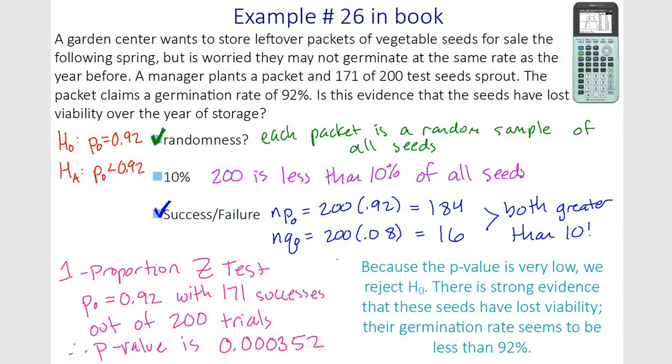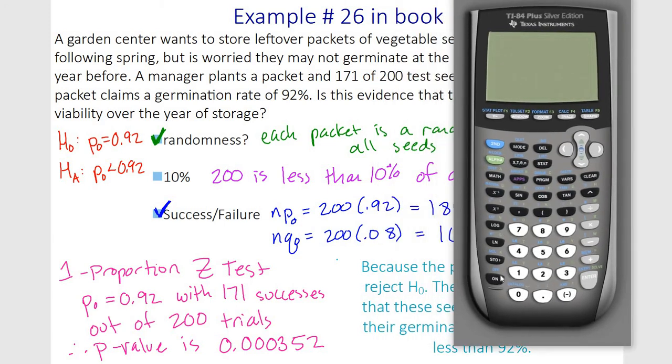All right, so now we're going to use the 1 proportion z test. So we go to statistics. Let's see. Tests. Yes, that makes sense because it's a test. So we go down to number 5 on my calculator. So 1 proportion z test. Notice how it's written p0.